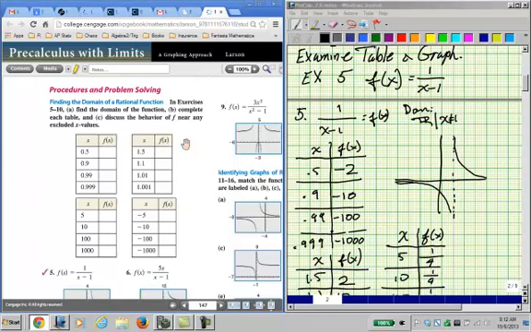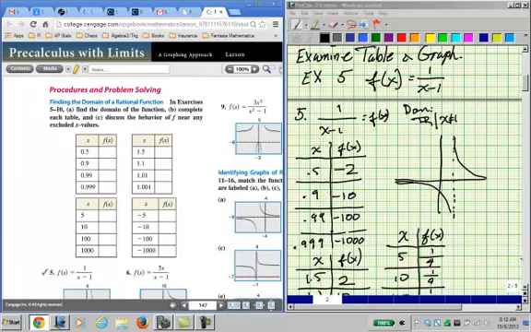So you can see what's happening as x approaches 1, y approaches negative infinity. In this table here, x approaches 1 from the left. Okay, or I should say from the right. So here's x at 0.5 right here, and then 0.9, 0.99, and 0.999.